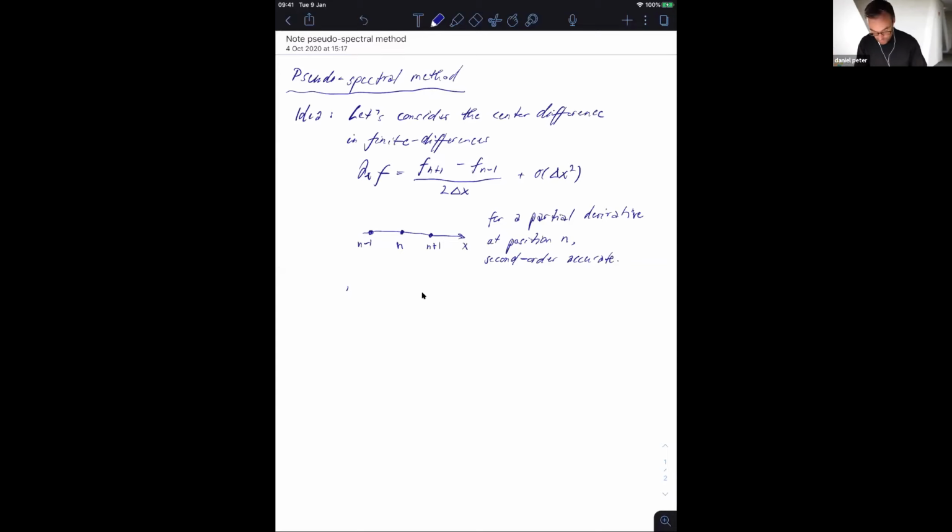So if we use the information at more positions, we can increase the order of accuracy.